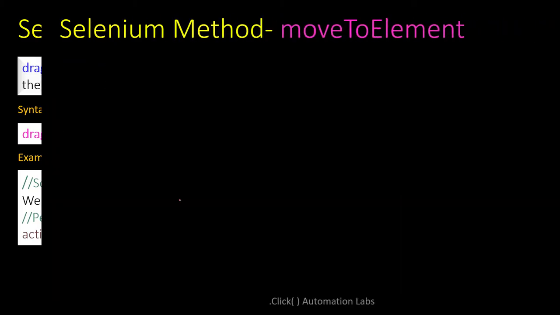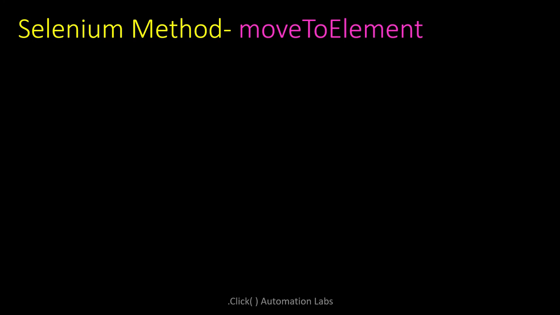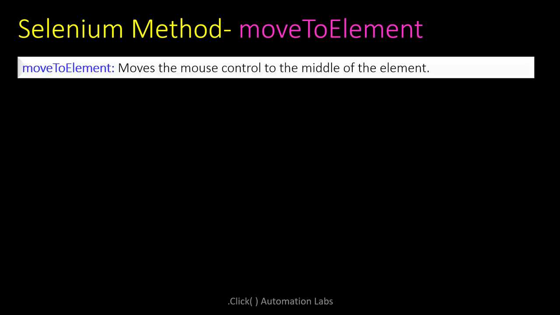So let's move on to moveToElement. moveToElement is the method which can be used to move the mouse control to the middle of the element. Generally this method is very useful if your elements are not on the screen.